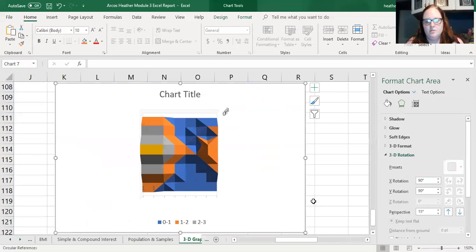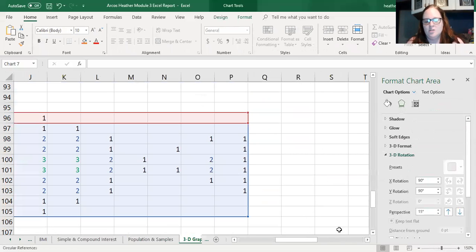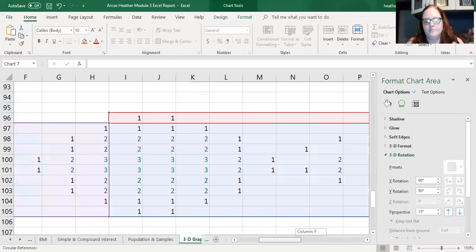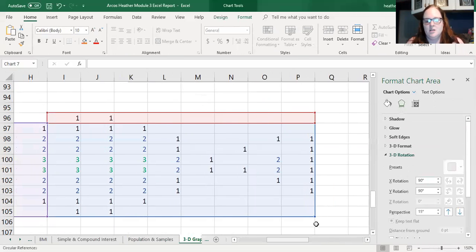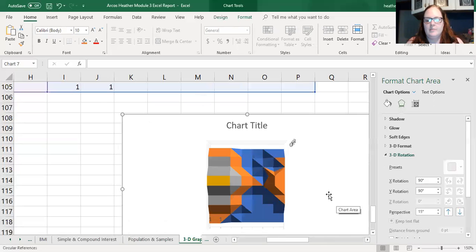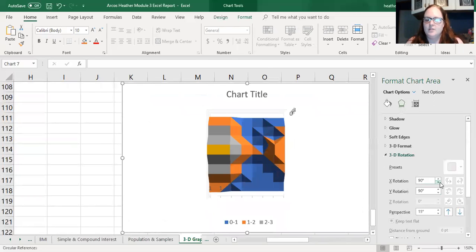Okay, this one, let me find the numbers I did. Oh, I kind of tried to make this one look like a fish. That is not how the graph came out. This one came out a little weird. I still like it though.